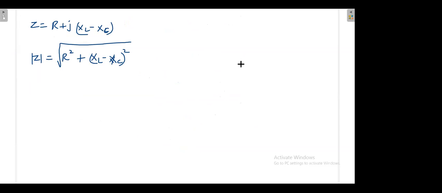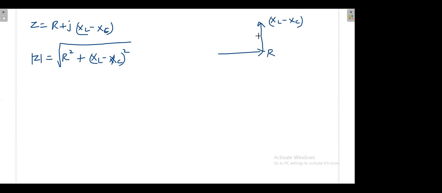Then what is the voltage triangle, or the impedance triangle I can draw. Say, this is R, and XL and XC are there, but finally you are taking the difference. I am assuming XL is greater than XC, then XL minus XC is positive and it will be along the Y axis, because if it is opposite, then it will go down.